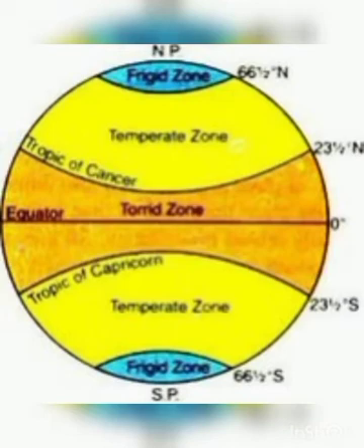So, the first region, the torrid zone, is the region on both sides of the equator between the Tropic of Cancer and the Tropic of Capricorn. Then second, the temperate zone is the region between the Tropic of Cancer and the Arctic Circle in the northern hemisphere.